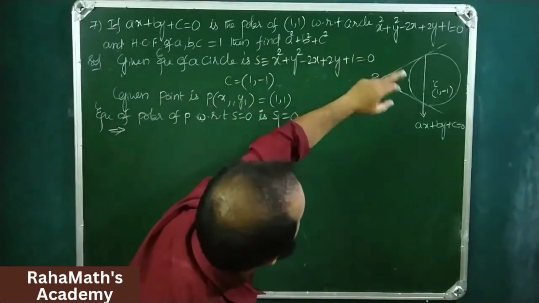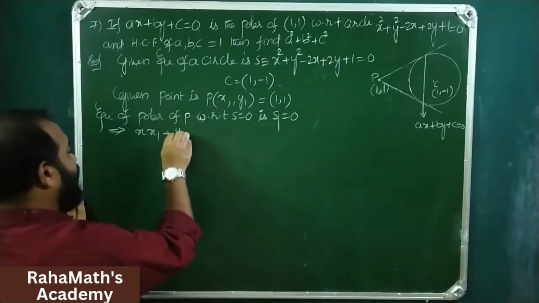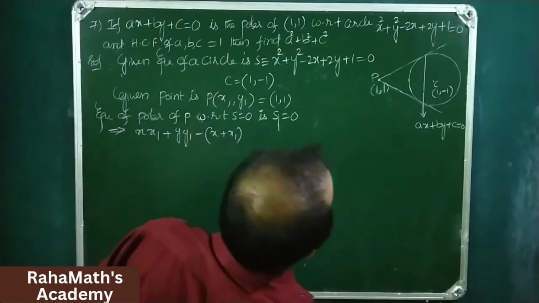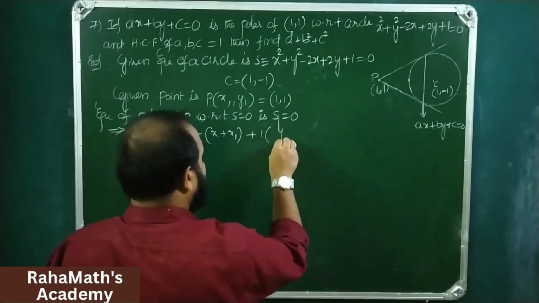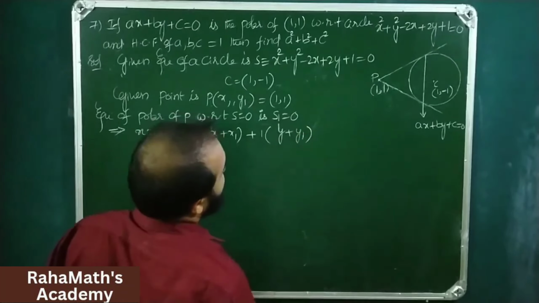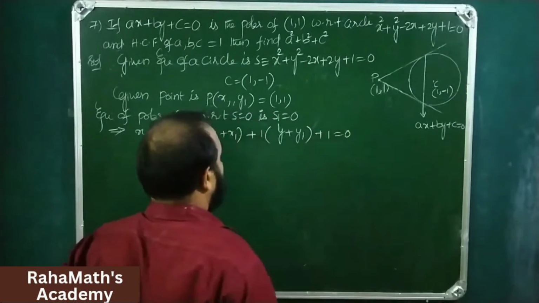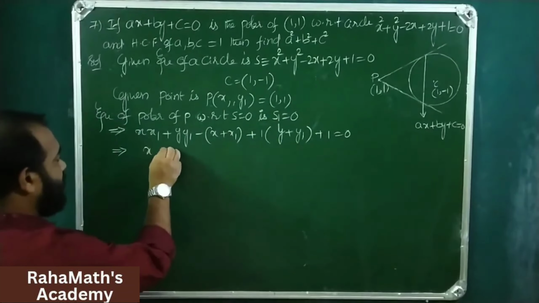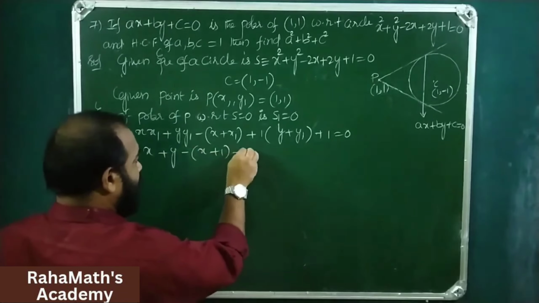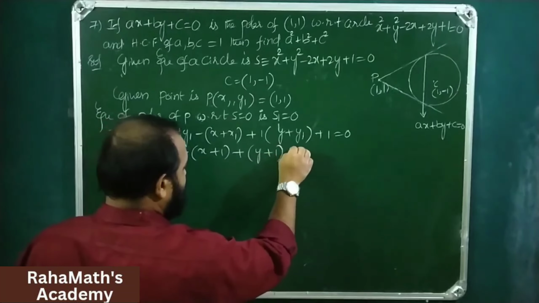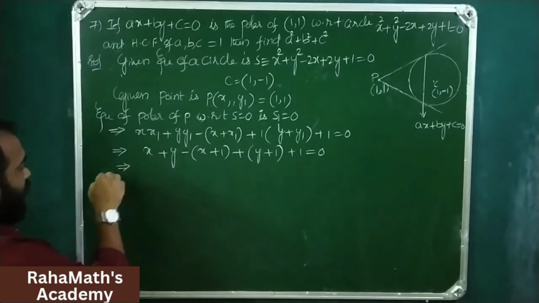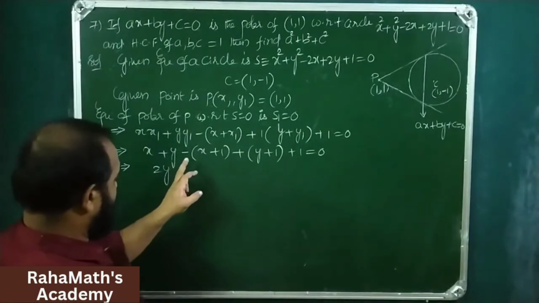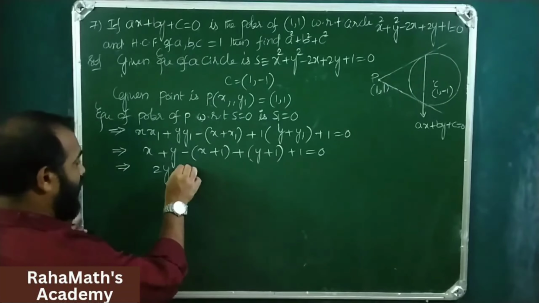What is S1 = 0 for this circle? xx1 + yy1 minus (x + x1) plus (y + y1) plus 1 equals 0. With x1, y1 as 1, 1: x + y minus (x + 1) plus (y + 1) plus 1 equals 0. The x minus x gets cancelled, y plus y gives 2y, minus 1 plus 1 gets cancelled, plus 1 equals 0.